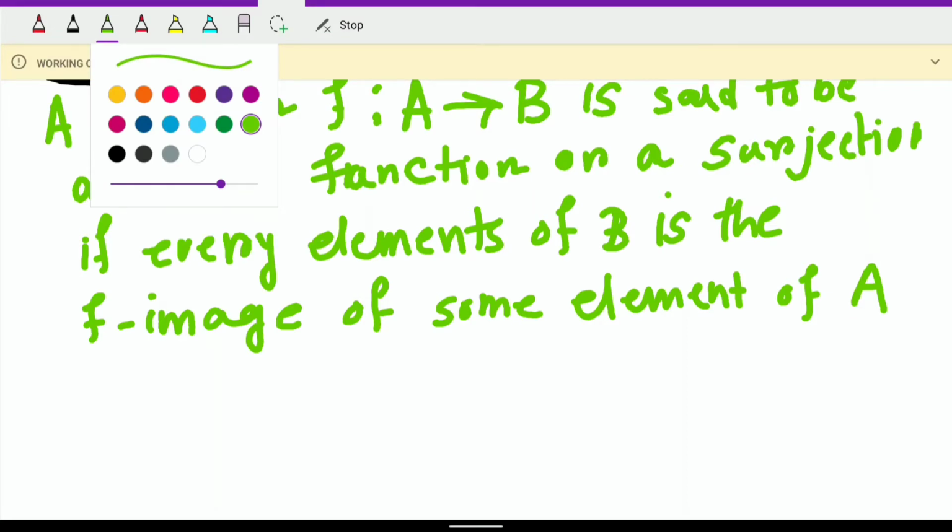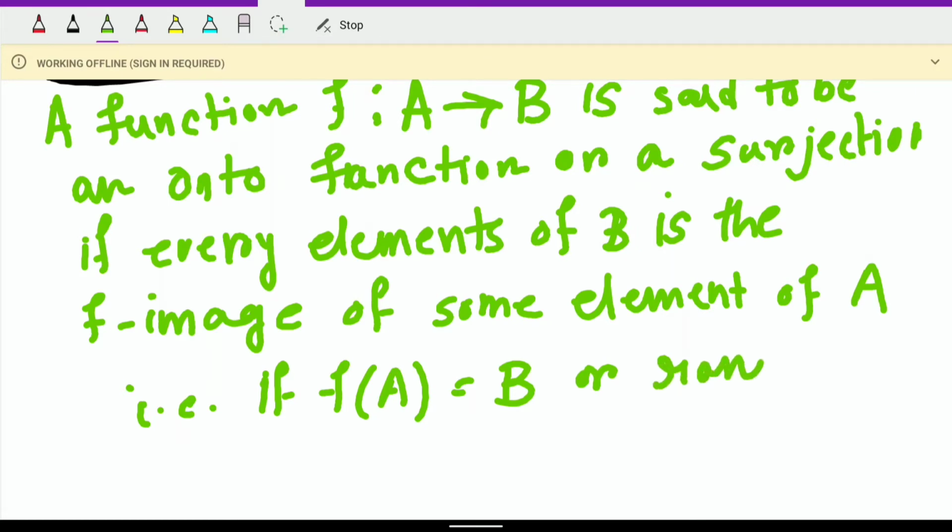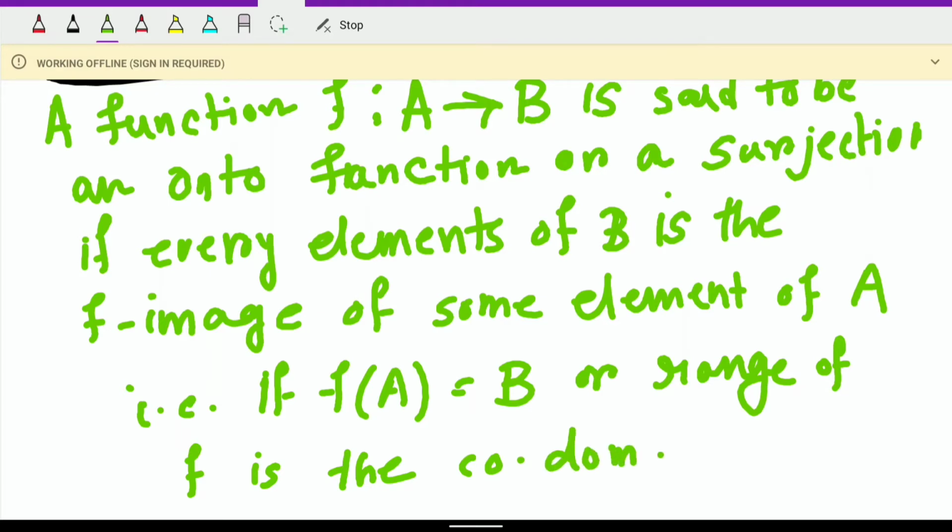Now A is also a set of elements, right? That is, if f of A, that is f of the elements of A, equals B, or you can say the range of f is the codomain of f, in other words you can say it also.